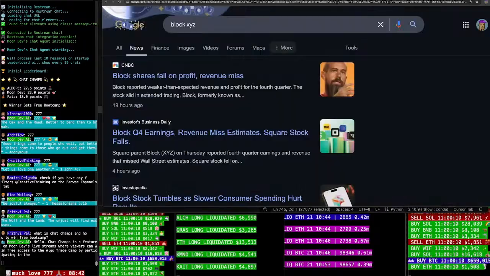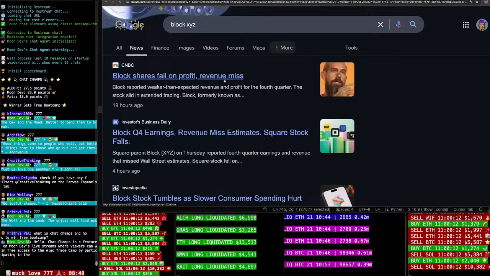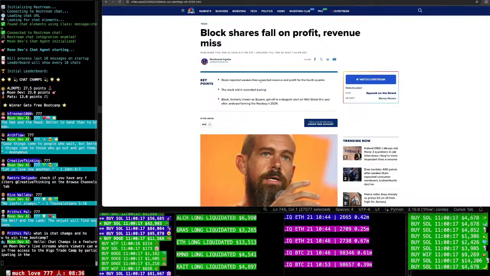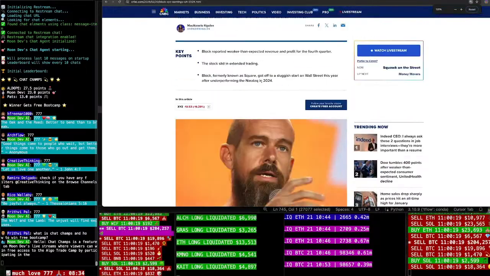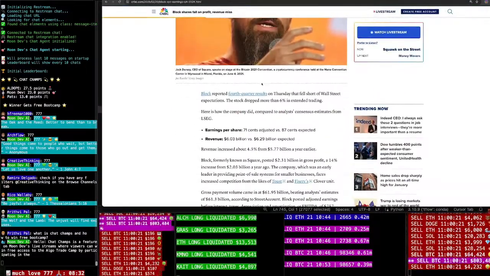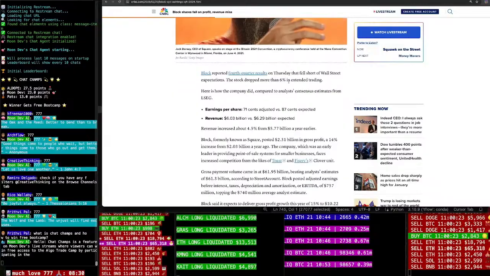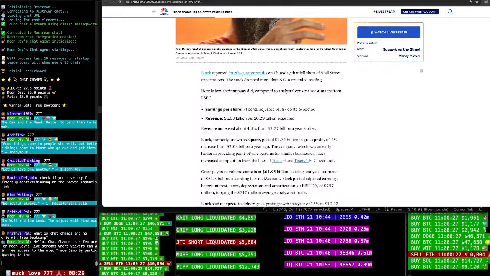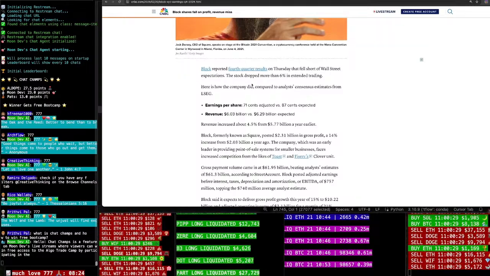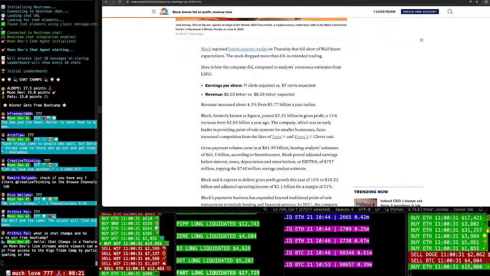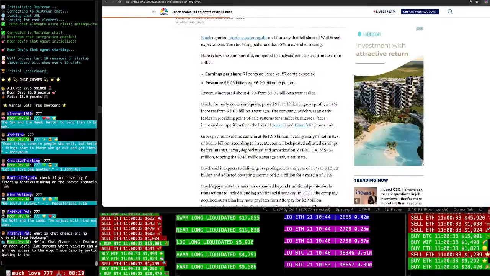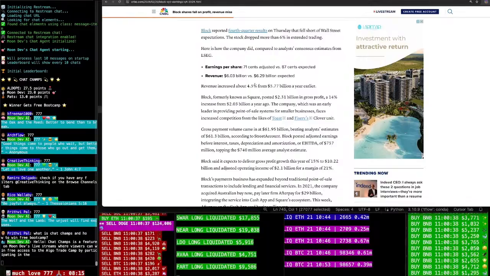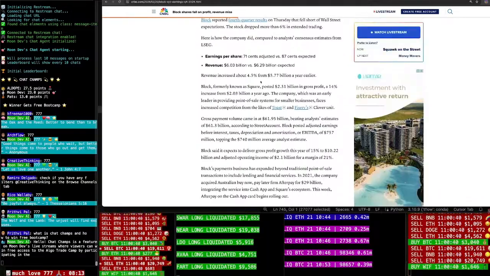I kind of want to look into this miss here. Like, how bad did they miss? Block shares fall on private revenue miss here. Block reported fourth quarter results on Thursday that fell short of Wall Street expectations. The stock dropped 6% in extended trading. Wow. Here's how the company did compared to the analyst consensus estimates from LSEG. 71 cents.